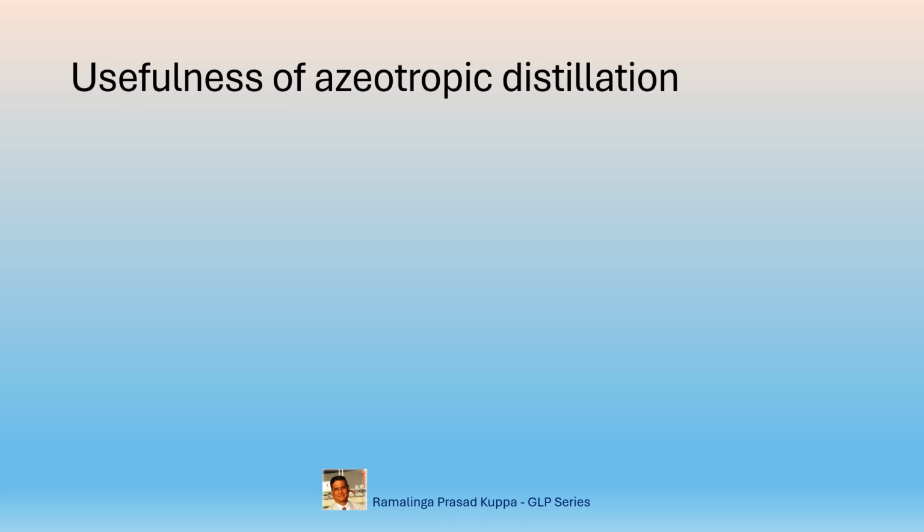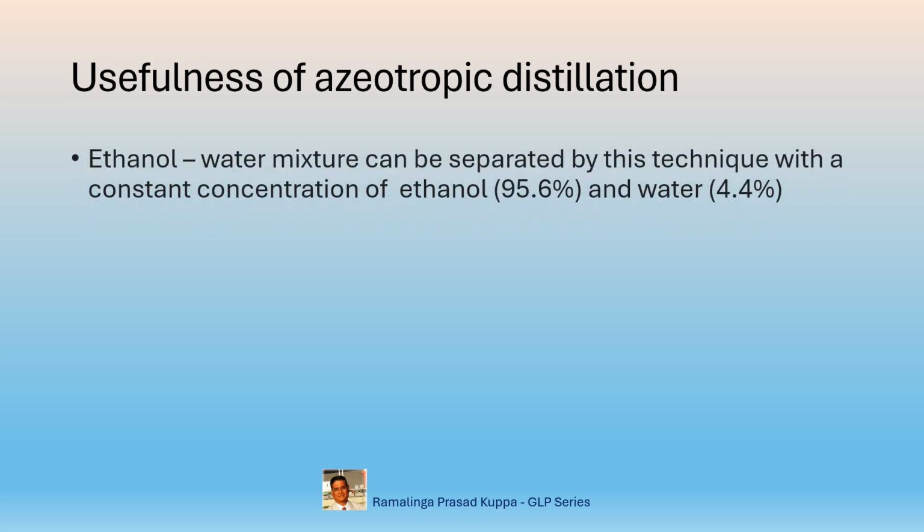Other usefulness of this azeotropic distillation. Ethanol water mixture can be separated by this technique with a constant concentration of ethanol at 95.6% and water at 4.4%. This technique is useful for several azeotrope forming mixtures.